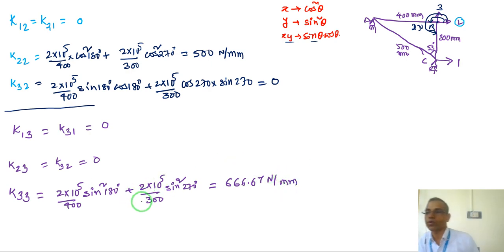So once I found out the stiffness, I should also find out the load vector, which is P acting at the coordinate direction. So if you look at the truss again, there is a load which is 500 Newton, which is inclined at 30 degrees.